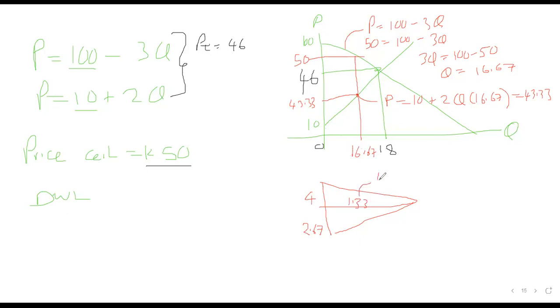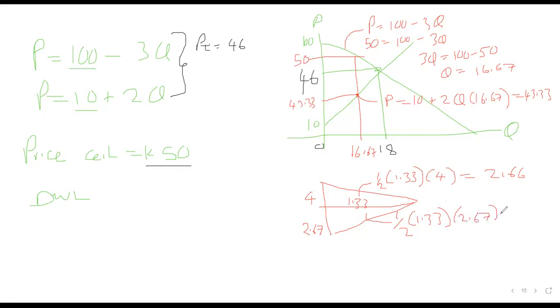Now our deadweight loss is half base times height. Our base is 1.33 and our height is 4. So this one will give us 2.66. And here our base is 1.33 and our height is 2.67.